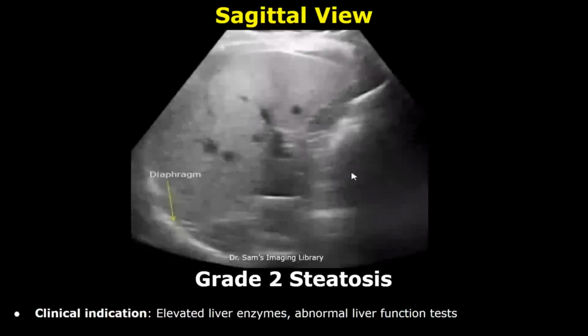Next, we move on to grade 2 steatosis. The indication is elevated liver enzymes and abnormal liver function tests.